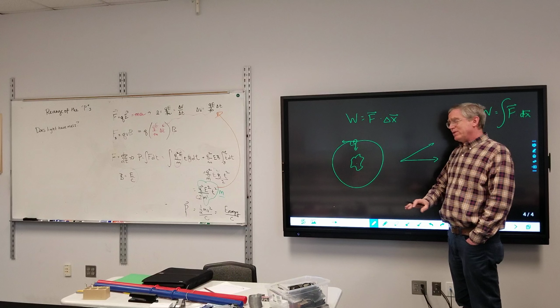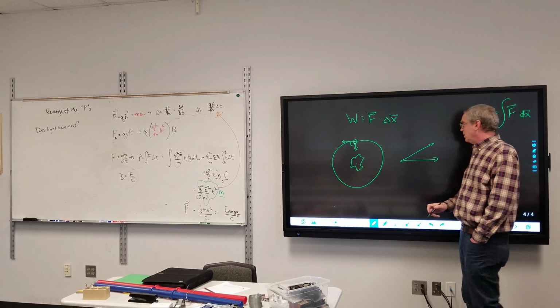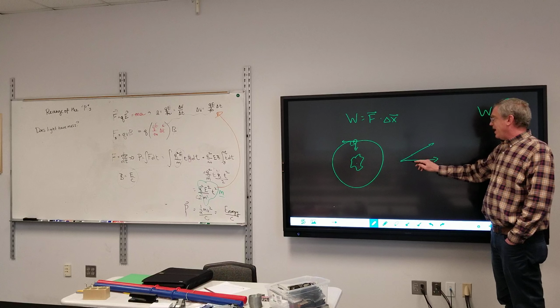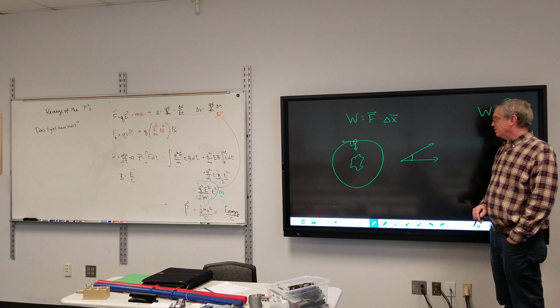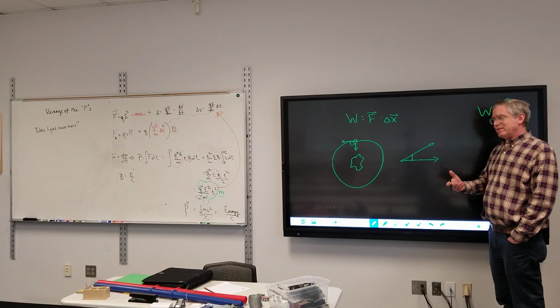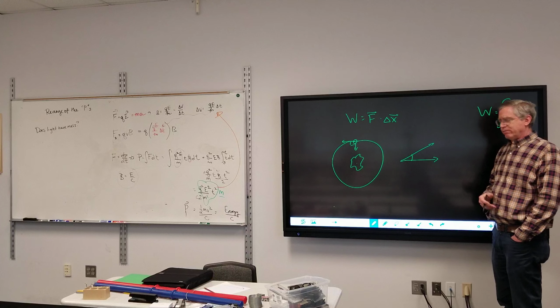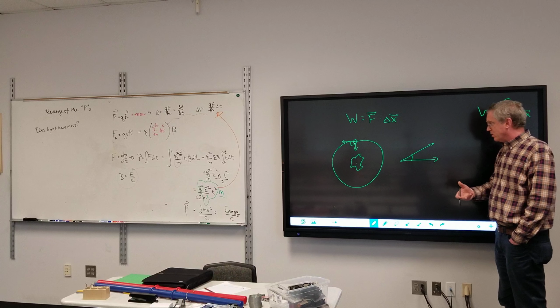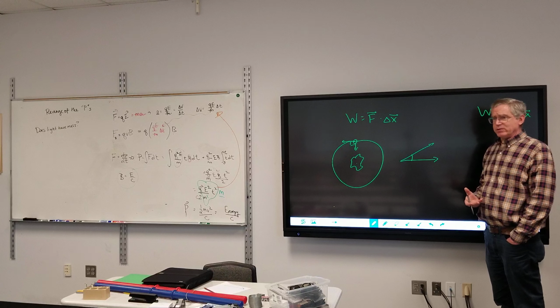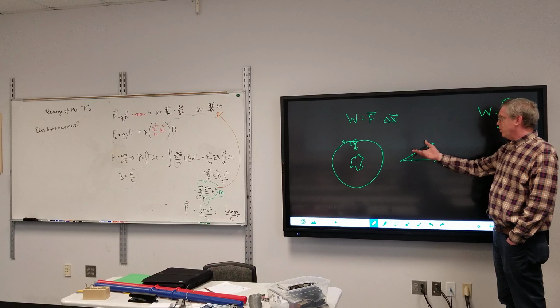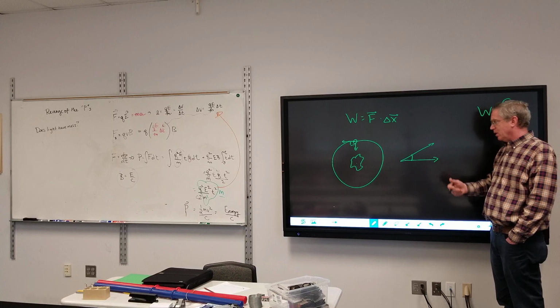But if they're not perpendicular, the dot product is not 0. So if the angle between them is under 90 degrees, from 0 up to 90 degrees, I'm going to get a positive answer. Because the force is in the direction of movement, it helps it along.